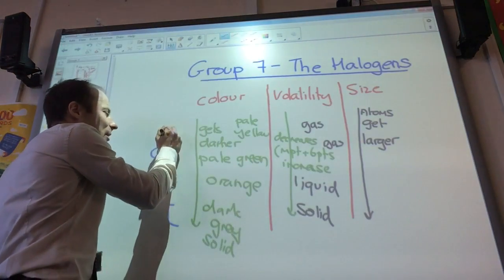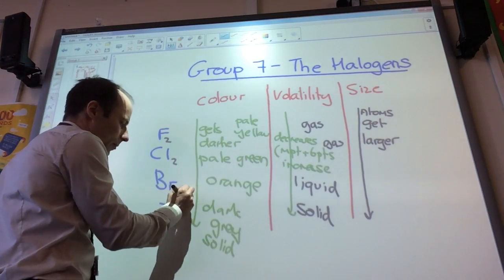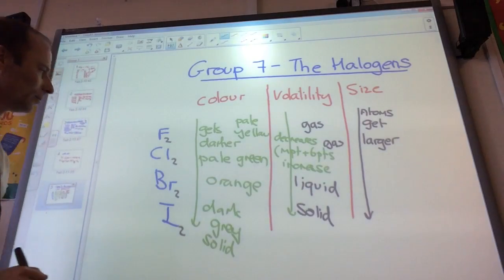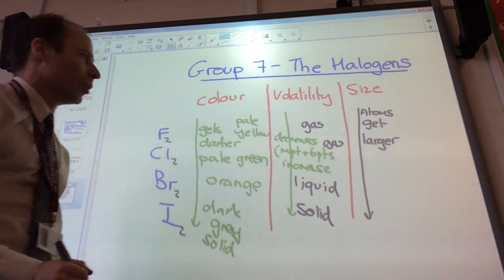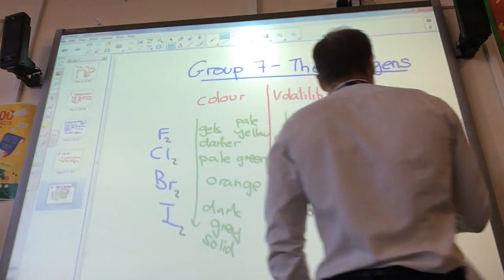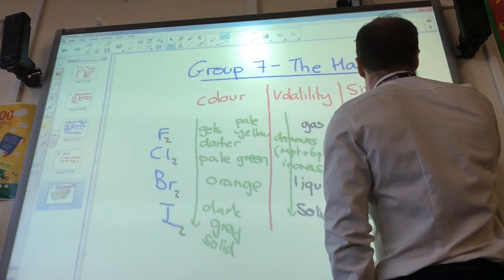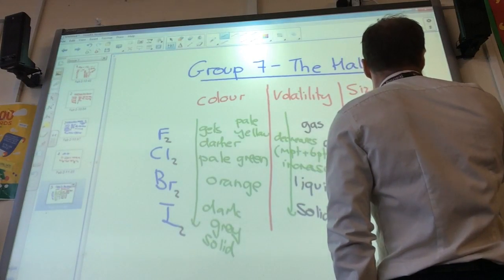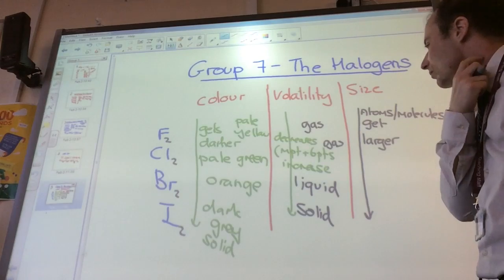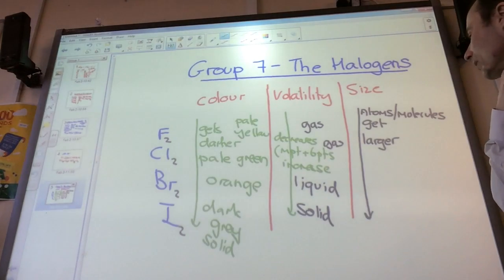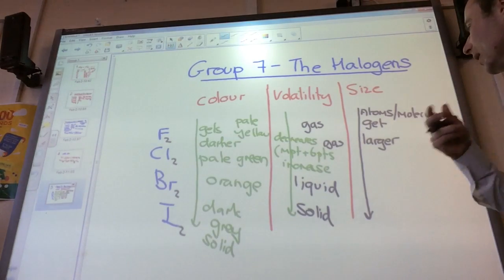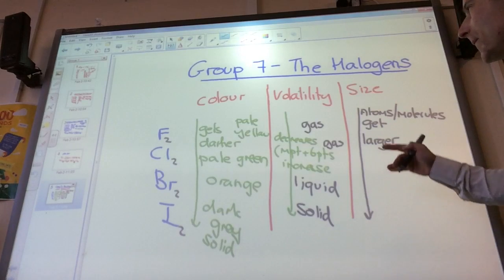So we can change this to F2, Cl2, Br2, and I2. They exist as diatomic molecules. So atoms and molecules get larger as I go down the group.